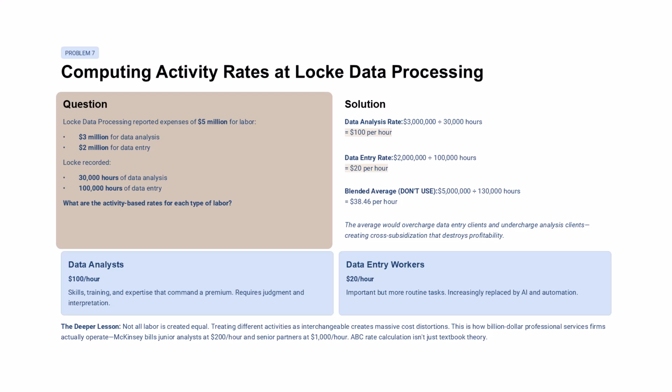That average would overcharge clients who need mostly data entry, $38.46 versus actual $20, and undercharge clients who need heavy analysis, $38.46 versus actual $100. ABC prevents this cross-subsidization.